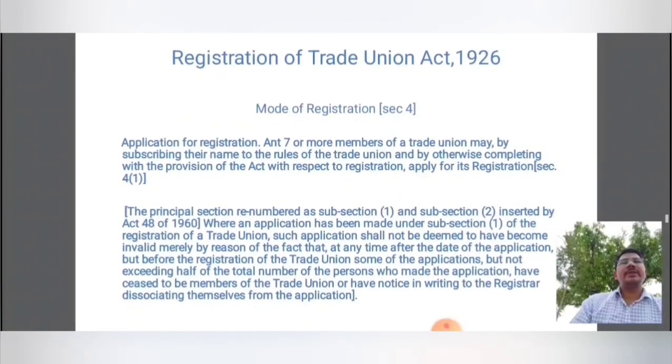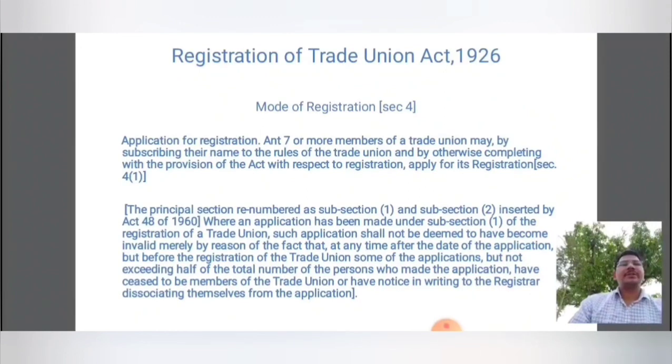Now, registration of trade union, mode of registration: how one can register a trade union. Here we need to understand what exactly the procedure is that we have to follow while registering a trade union.